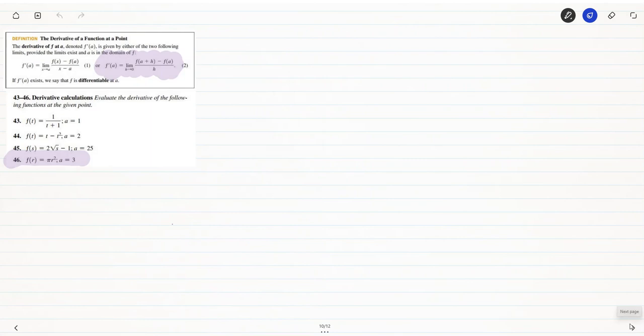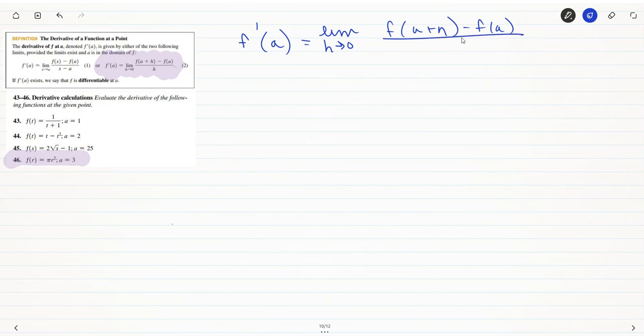Let's try one last example. This one only has finding the derivative, and then we're done with the problem. It's not asking us to then find slope. So we're going to use that f prime of a is defined as the limit as the distance between x and a gets closer to 0 of f of a plus h minus f of a all over h.